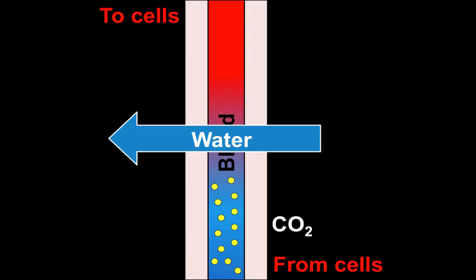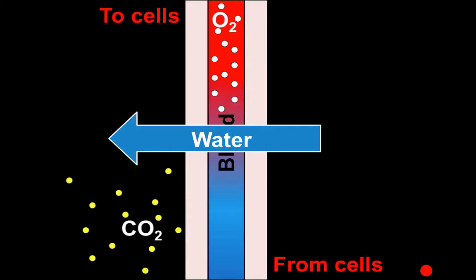Now water is going to be passing over this blood vessel, and in that water is a whole bunch of dissolved oxygen. And then as a result of this, the CO2 and oxygen are going to essentially switch. So CO2 is going to diffuse, remember, without energy, out of the blood and into the water, and the oxygen is going to diffuse from the water into the blood. Now the blood can return to the cells and bring oxygen.